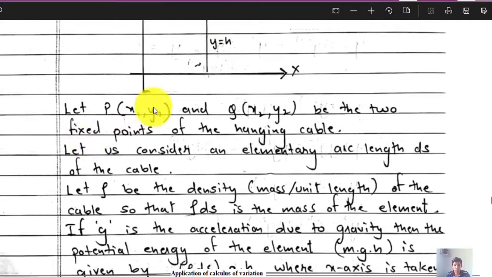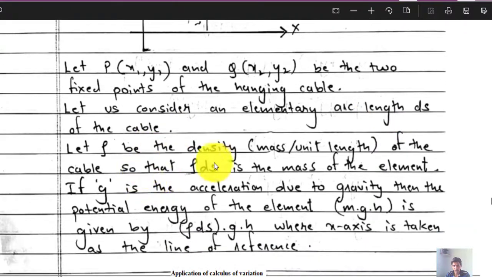Now let P (x1, y1) and Q (x2, y2) be the two fixed points on the hanging cable. Let us consider an elementary arc length ds of the cable. Let rho be the density, that is mass per unit length of the cable, so that rho ds is the mass of the element.